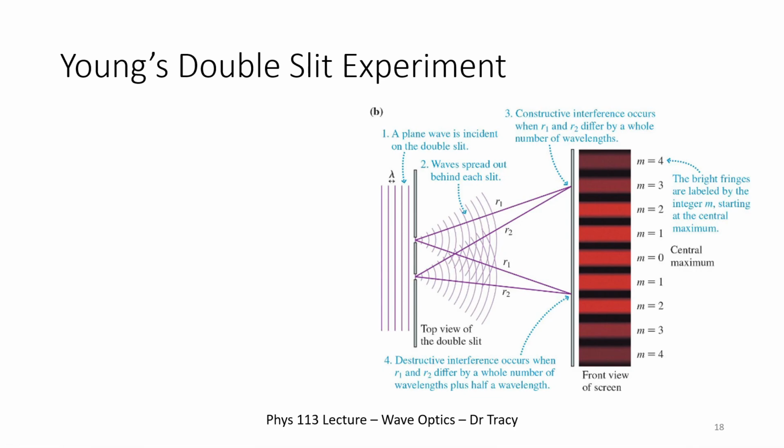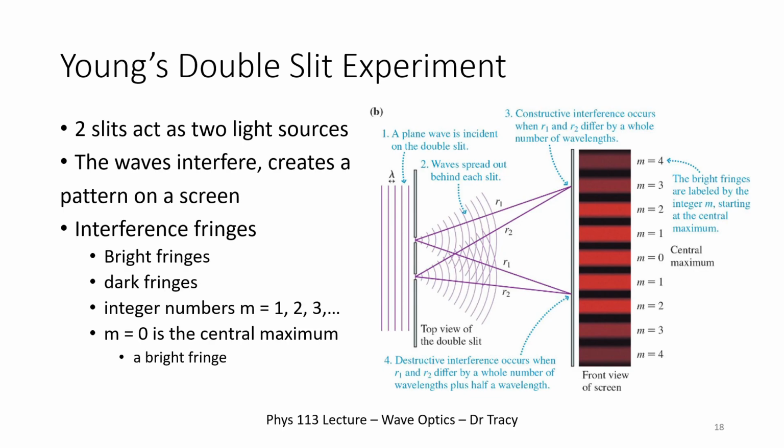We also label here the distance from each source by the distance r. This is a means to an end, so you don't need to really know what r1, r2 are for a given value. But again, in the interference patterns, you have the bright fringes and dark fringes.